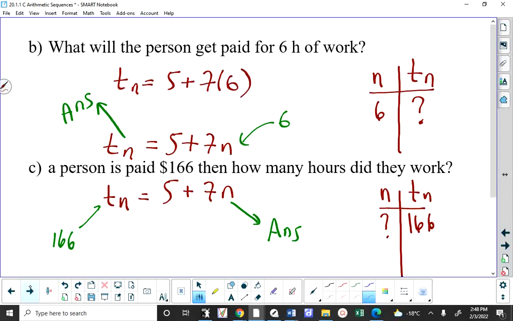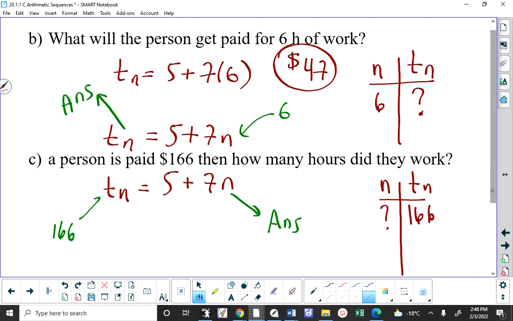A counting horse could do this question because you don't even have to rearrange it, right? There are horses that count and do arithmetic. You can look it up online. 5 plus 7 times 6 is 47, I think, but I just want confirmation. 47. So the answer to B is 47 clams, dollars, whatever you want to call it.